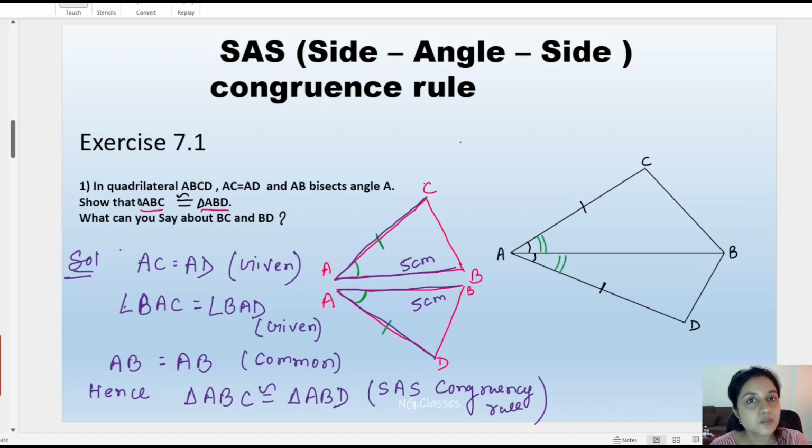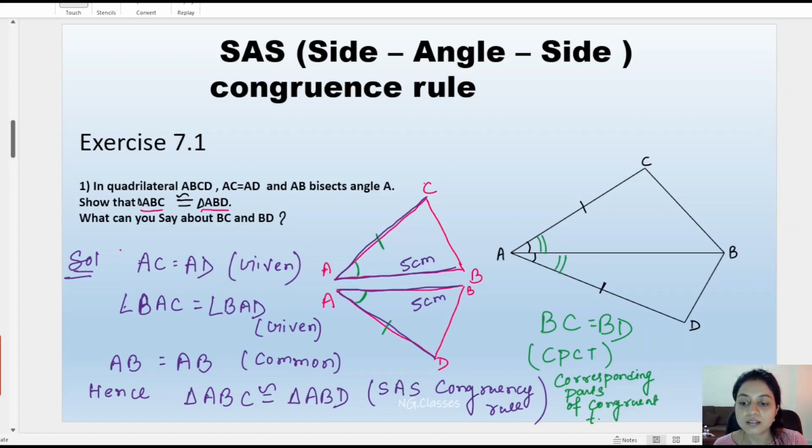That means their corresponding sides will be equal to each other, and corresponding angles will also be equal to each other. So we can see here side BC must be equal to side BD. Why? Because both are corresponding parts of congruent triangles. In short, we write it as CPCT. That represents corresponding parts of congruent triangles.